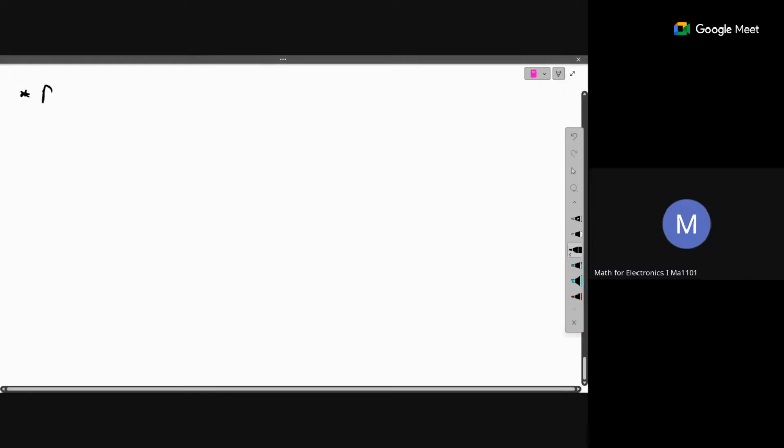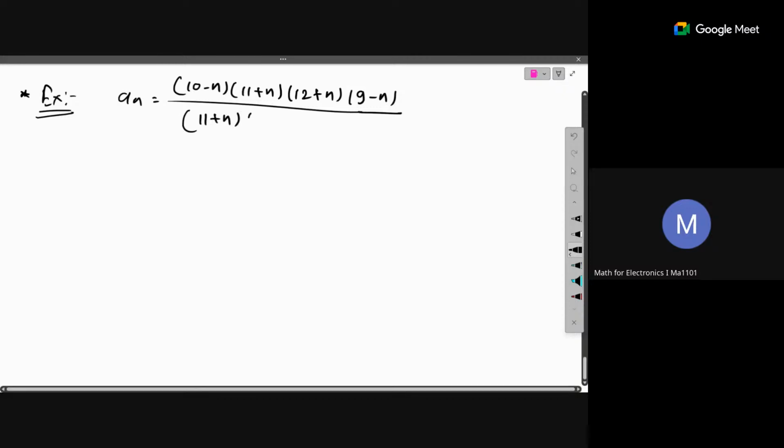So let's now try some examples. I'll just take one example. Suppose an is given to be (10 - n)(11 + n)(12 + n)(9 - n) upon (11 + n)(12 + n)(13 + n)(14 + n). Then does an converge?